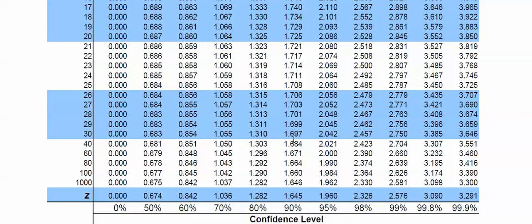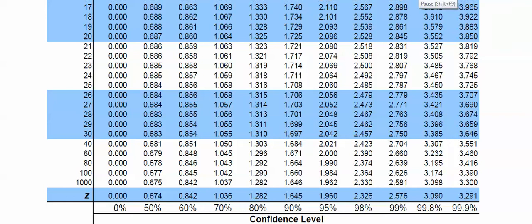So where these two meet up is 1.697. Remember, we're using the 30th row because we were supposed to use 39, but they don't have 39, so we just went down to 30. So 1.697.